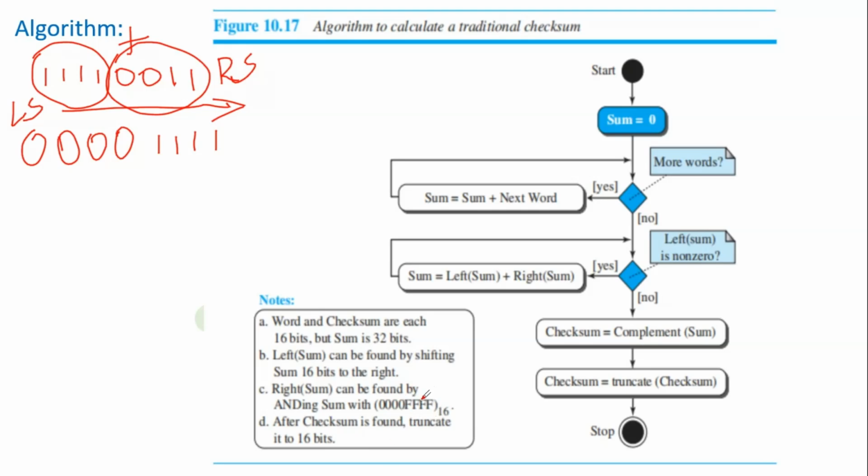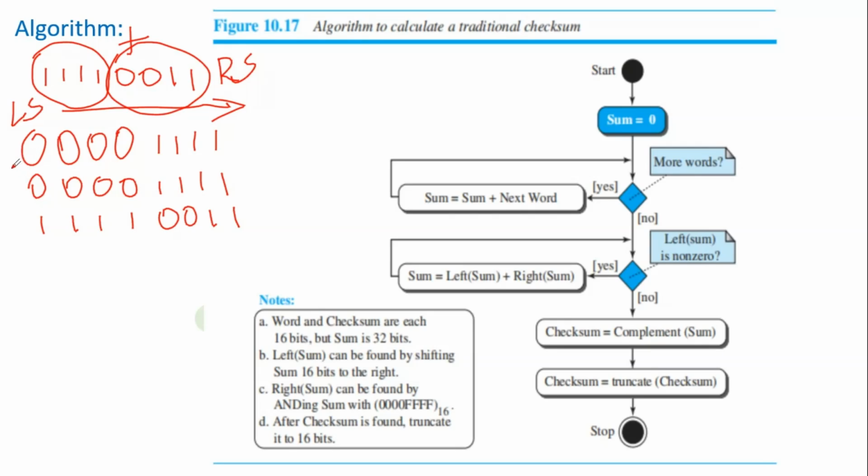For our example, 0F will do the job. What is 0F? 0 in hexadecimal is 0 0 0 0, and F is 1 1 1 1. With this we have to AND the whole thing, that is 1 1 1 1 0 0 1 1, the actual result, whatever sum we had got.